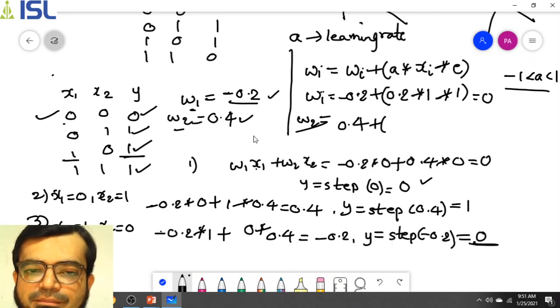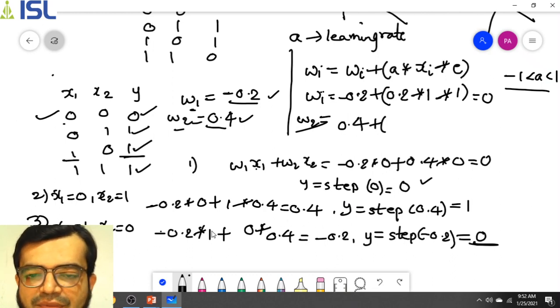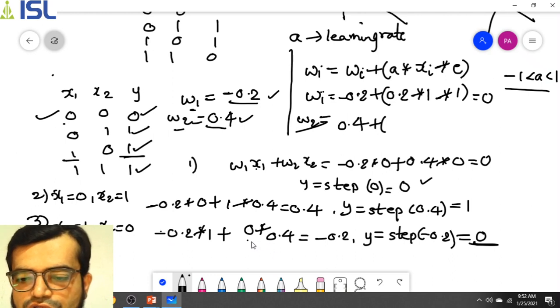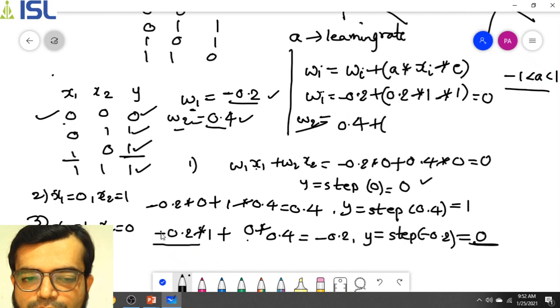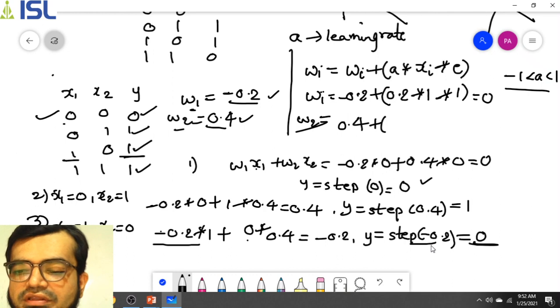If I take w2, which is 0.4, in this step, what happens? 0 into 0.4. So usually the problem lies in this way, because you are getting minus 0.2. When I am getting this minus 0.2 here, only because of that the problem is there. If you are getting a value of more than 0.